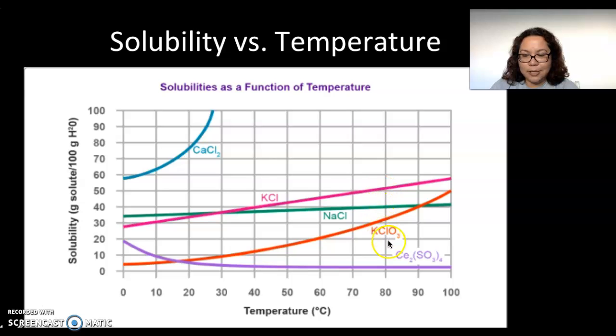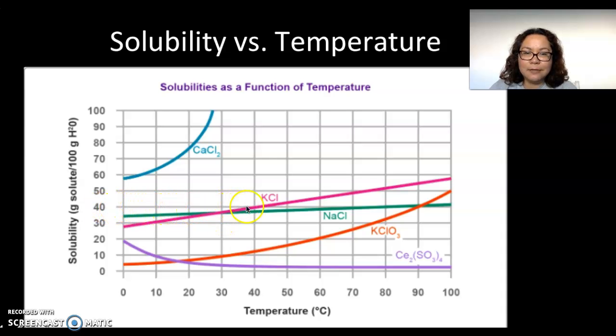So let's take a look at potassium chlorate over here. Let's look at a random temperature, say 90 degrees. The maximum amount for potassium chlorate at 90 degrees will be 40 grams.